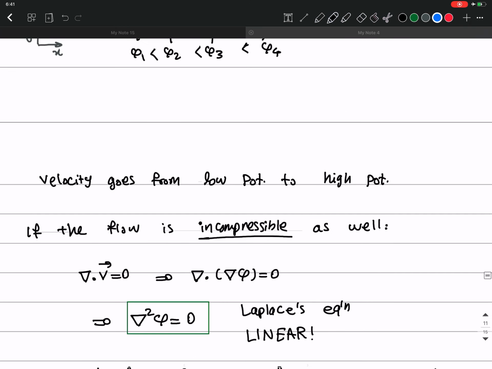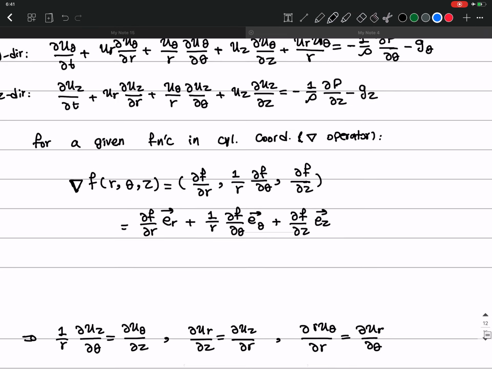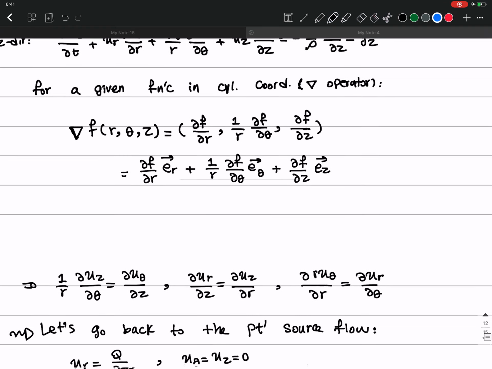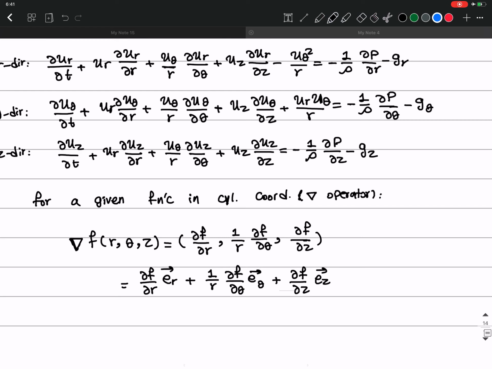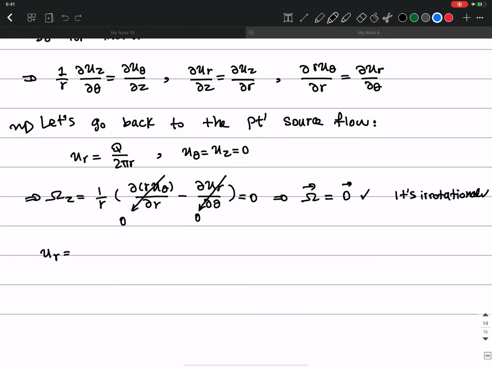So it's going to be grad of phi, right? So for grad of phi, UR is going to be the first component of that. So here we have it. So for the first component, it is going to be partial phi over partial R, which equals Q over 2 pi R from here.